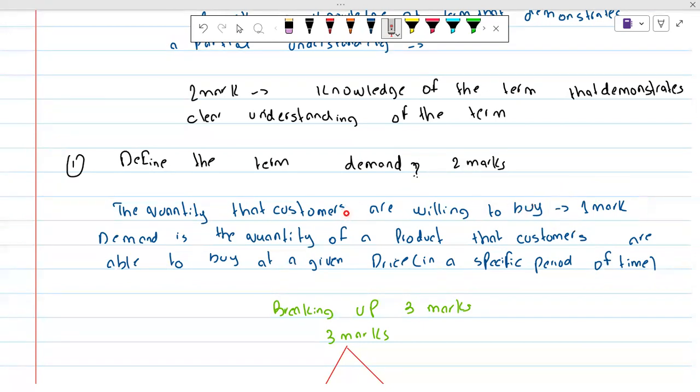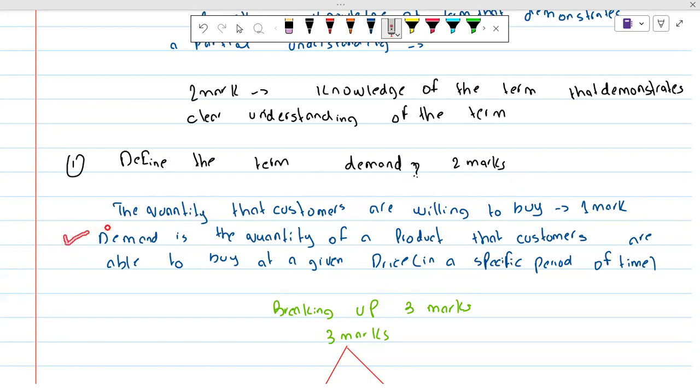Why? Because I didn't demonstrate clear understanding of what type of quantity. Am I talking about the quantity of a product or something else? I didn't define anything in this one line.